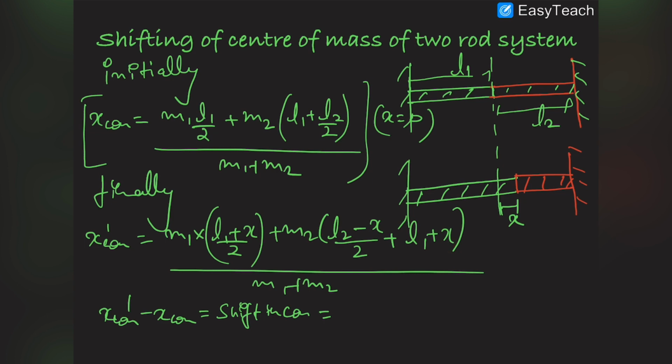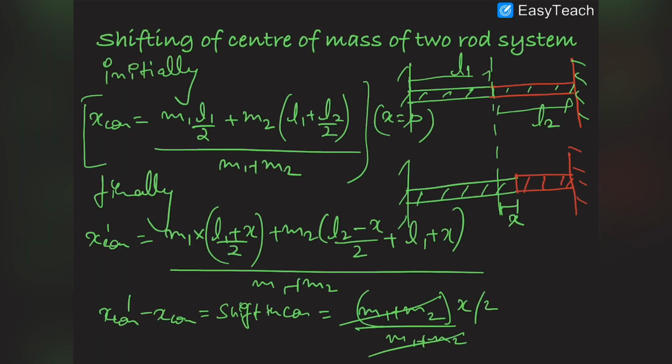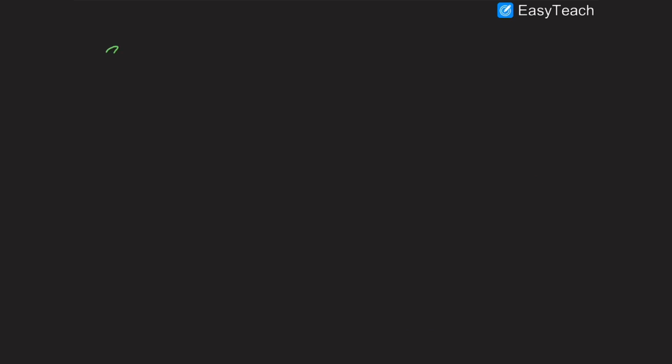So this would be (m1 plus m2) into x by 2 divided by (m1 plus m2). So this cancels, and therefore the shift in the position of COM will be equal to x by 2.